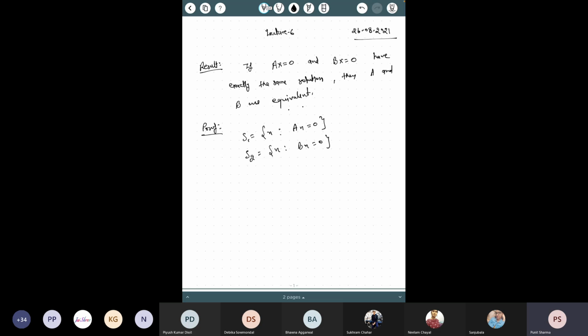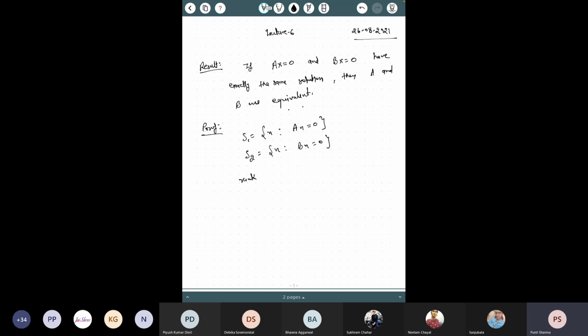Then what does it mean? It means that we have the same number of free variables in the system Ax equal to 0 and Bx equal to 0. So that implies that we have the same number of leading variables.